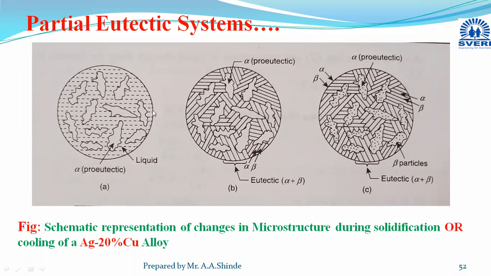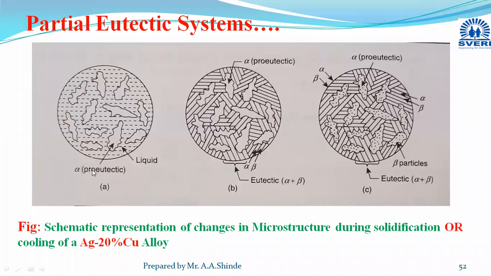Okay, in region 1 to 2, alloy will be in liquid state. I am explaining this curve for a silver and 20% copper alloy. Please refer to the diagram which you have drawn. In region 1 to 2, alloy will be in liquid state.